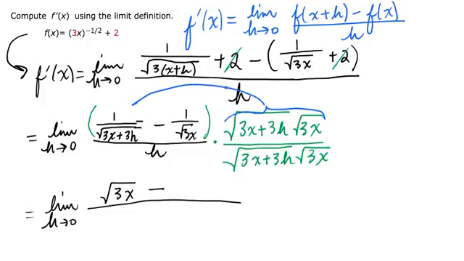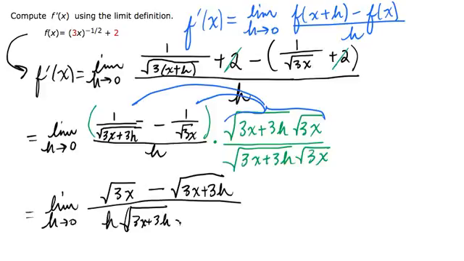Minus, when I distribute all of that times this fraction, the radical 3x cancels with this radical 3x, so we're just left with that radical right there, minus the square root of 3x plus 3h. And in the denominator, we're going to leave it factored. Actually, there is nothing to distribute anyways because there's no plus, so it's just h times the square root of 3x plus 3h times the square root of 3x.